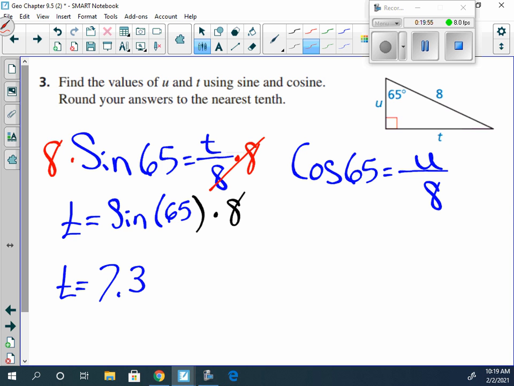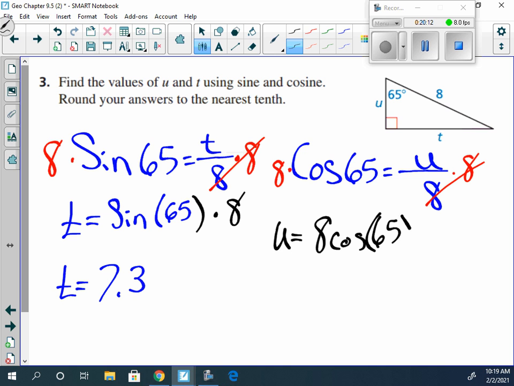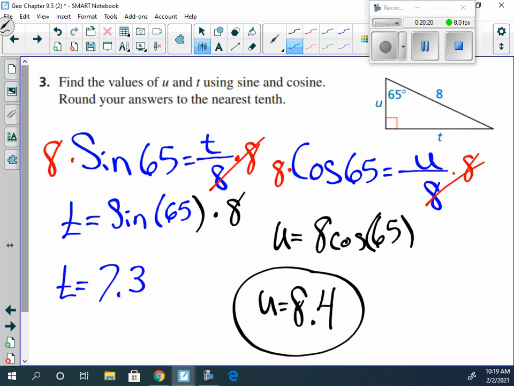What do we need to do to find u? Multiply both sides by 8. Because those two will cancel, leaving us with u is equal to... So we get 8.3, but it ends up running up to 8.4.